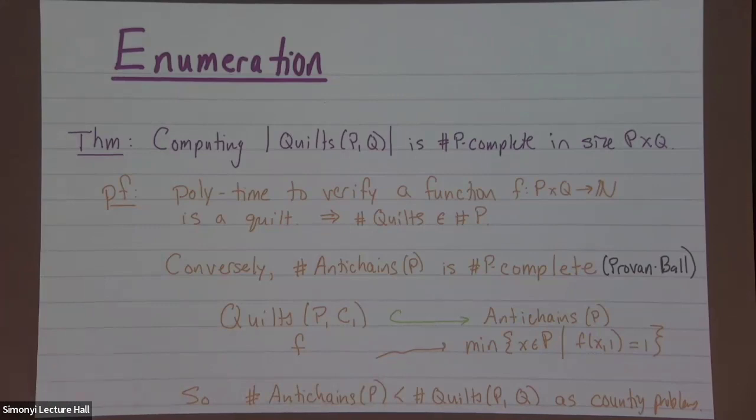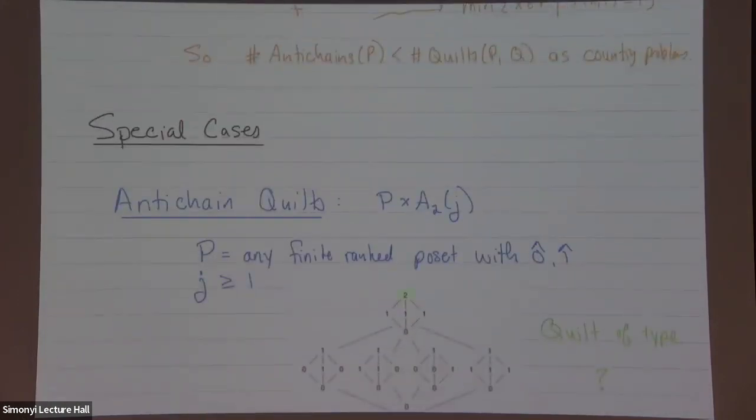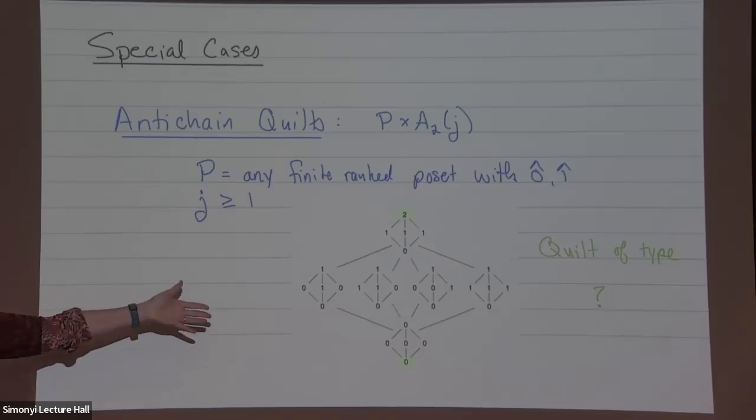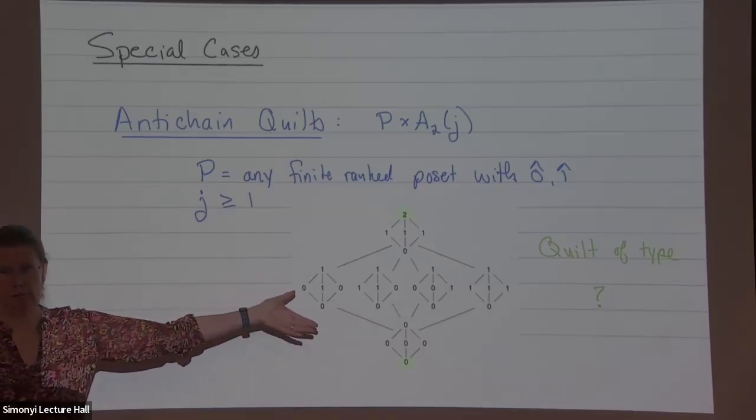Okay, so great. Well, that's hard, but maybe there's some special cases, right, where you can get somewhere. And the special cases that we consider are related to the 3 posets that we talked about: anti-chain quilts, Boolean lattices, and chains. So let's start off with an example where you have any poset crossed with an anti-chain poset. Okay, and so here's an example. Actually, what type of quilt is this?